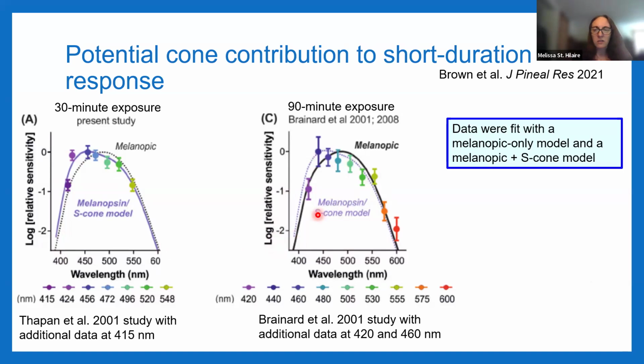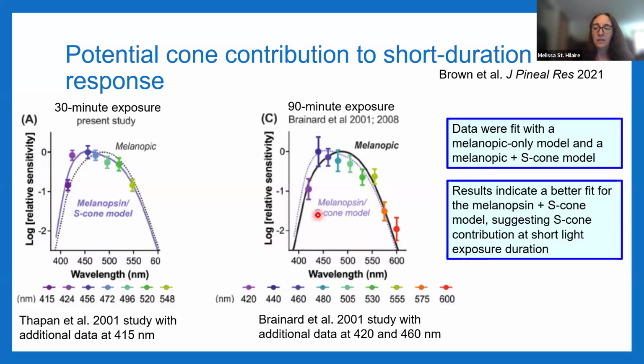And so what this actually shows us is that the melanopsin plus S-cone model was a better fit to both of these action spectra compared to just a melanopic only system, which suggests that especially at these shorter light exposure durations, we have some contribution of the S-cone that is separate from the melanopsin system.